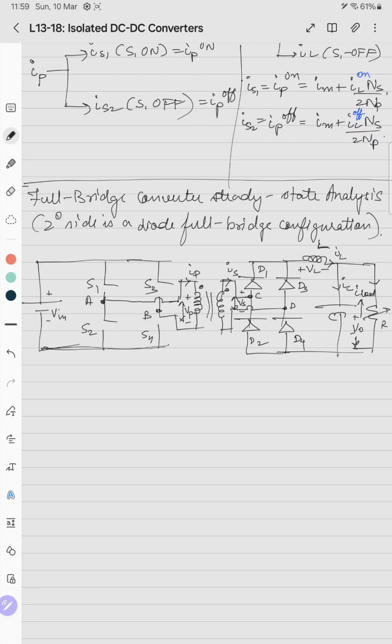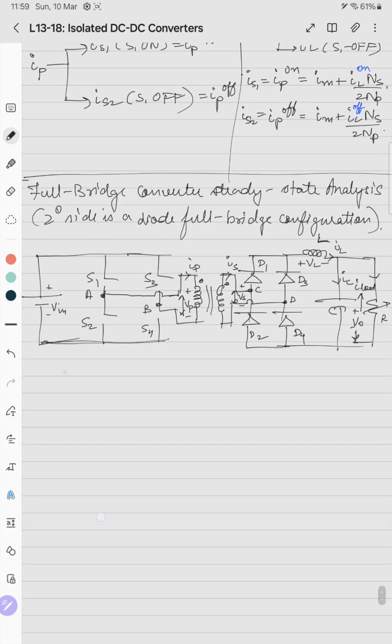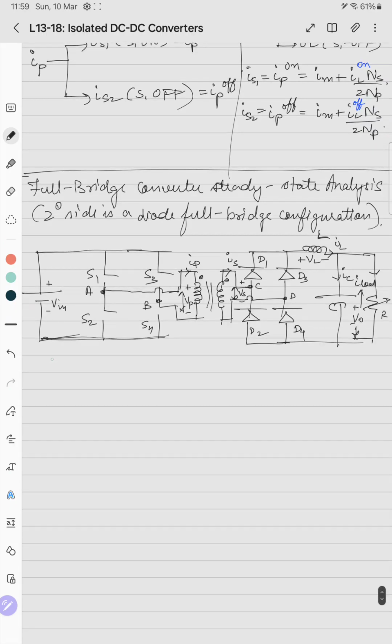In this case we have 4 switches, and 4 switches are 2 legs. In one leg 2 switches can't be turned on simultaneously. So if we have 4 switches and 2 switching states for each, we'll have a total of 4 to the power 2.